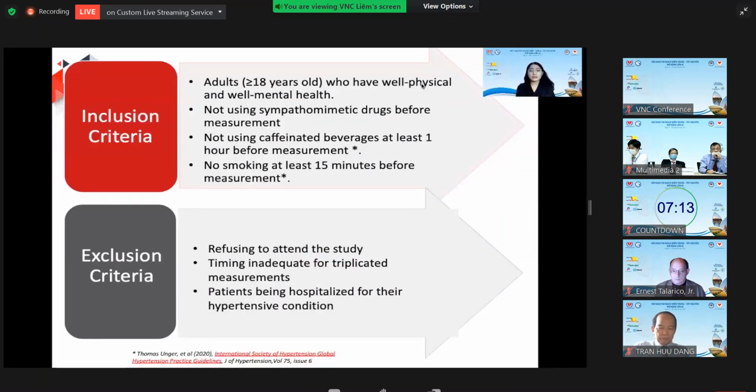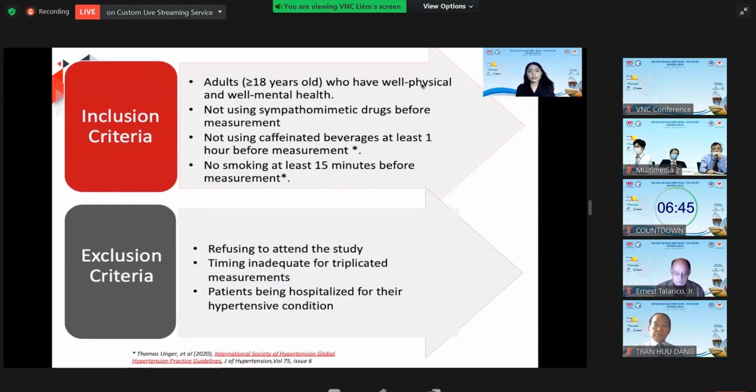These are some criteria of participant selection. The target participants of our study are adults who have good physical and mental health. Besides, we also have some requirements for the participant before measurement to ensure accurate results, like not using sympathomimetic drugs, not using caffeine beverage for at least 1 hour, no smoking for at least 15 minutes.